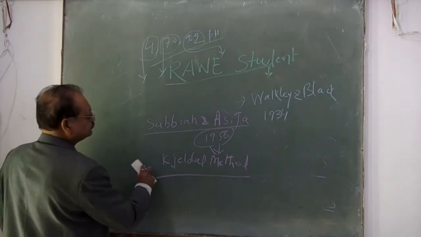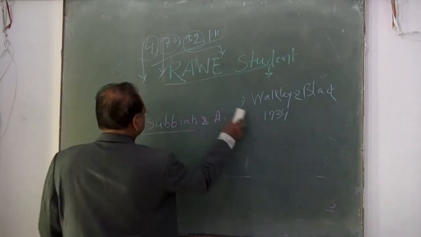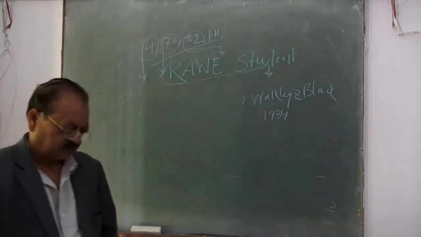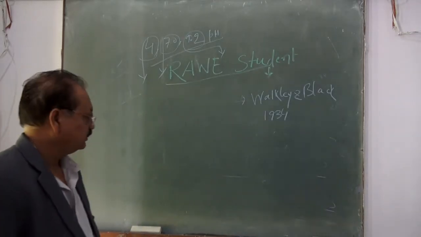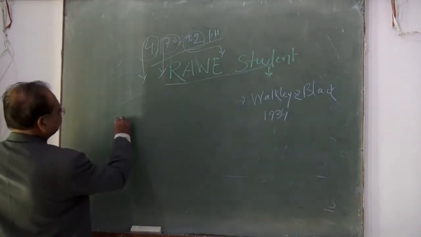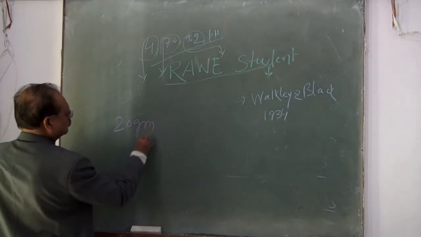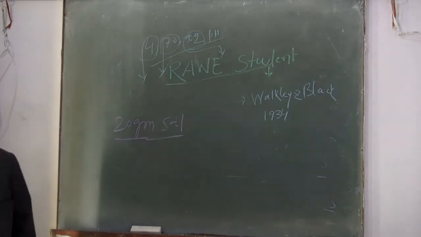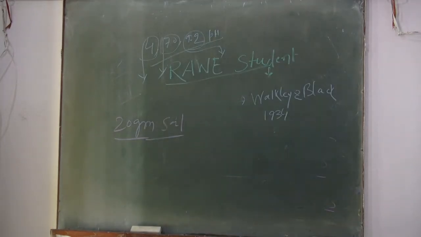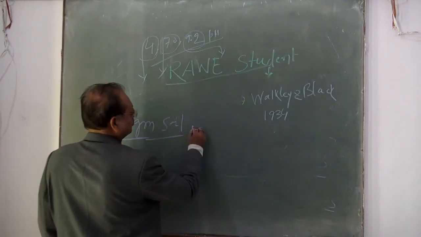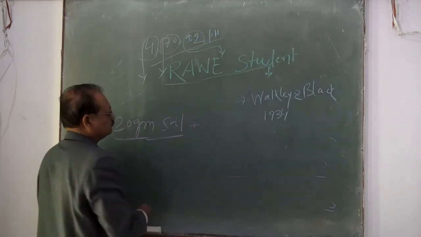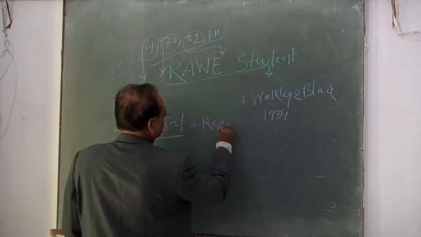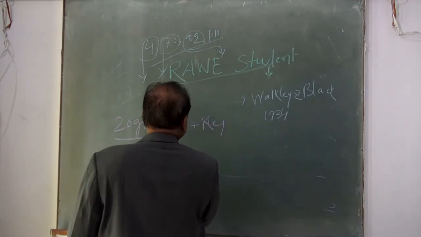So what you have to do? You take 20 gram soil in a Kjeldahl flask.